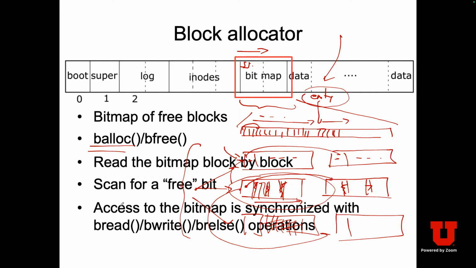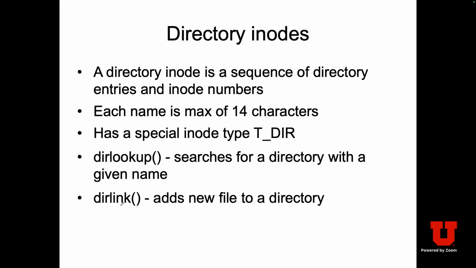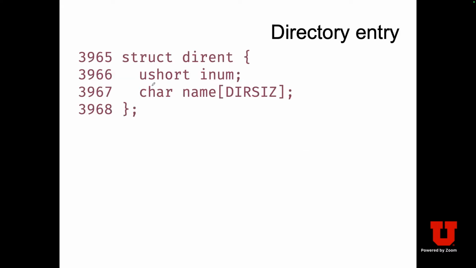Okay, so I don't want to spend more time on a local allocator. So conceptually simple. One interesting layer which is worth discussing is this directory layer. It's essentially the layer which provides human readable names. And in this file system, a directory is just an inode. And the directory is implemented as this data structure.